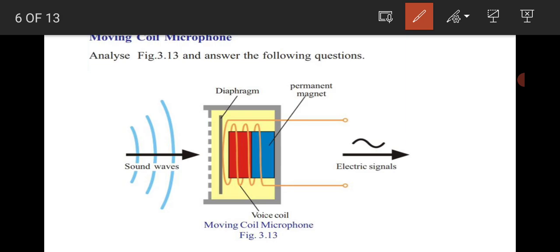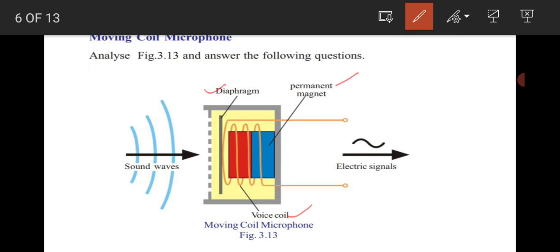Here there are different types of material used to make a moving coil microphone. First one is diaphragm. Diaphragm is a membrane which is connected in front of the mic, and there is also a permanent magnet, and the important device that is voice coil. So there are three important parts for the moving coil microphone: diaphragm, permanent magnet, and moving coil.